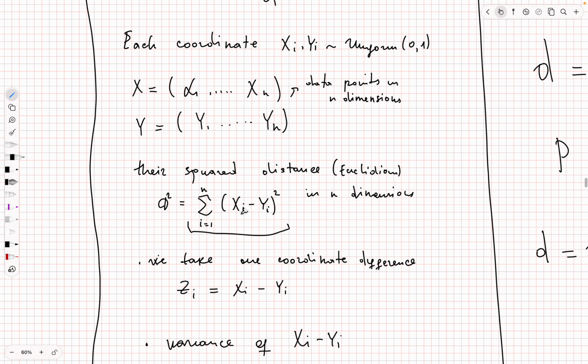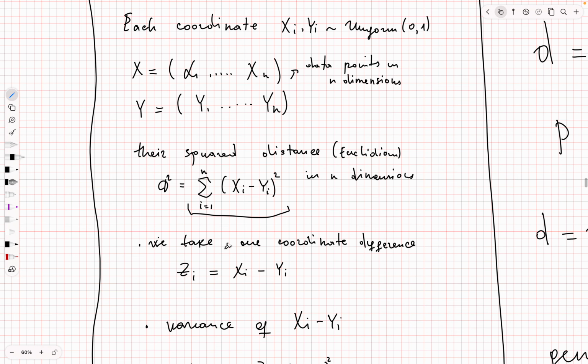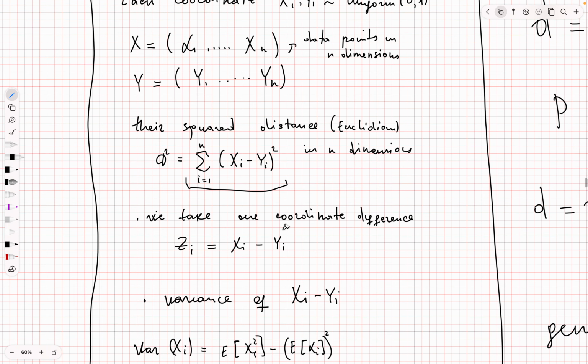This is the squared Euclidean distance in n dimensions. And here, what we do is take one coordinate difference, and we will come back here and explain why we did it. But for now, we just take the one coordinate difference.